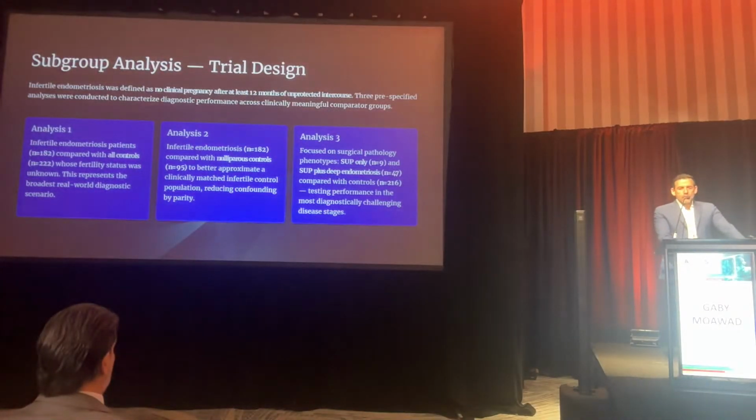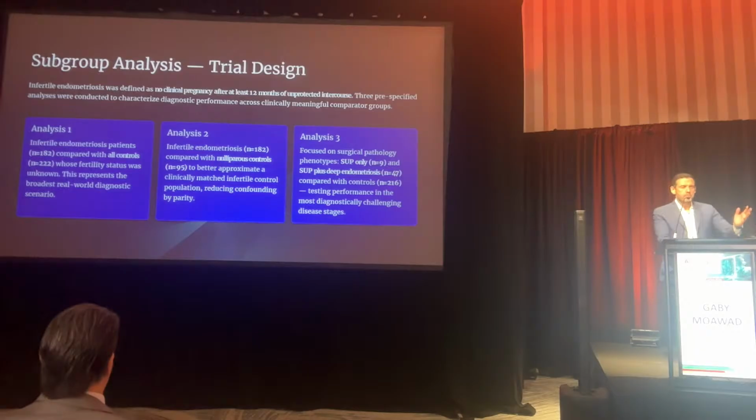So again, those 3 subgroup analyses that we talked about: the infertile are diagnosed based on the normal classification of infertility, which is 12 months of unprotected intercourse. The first analysis compared the infertile endometriosis patients, 182 patients, to controls, 222.